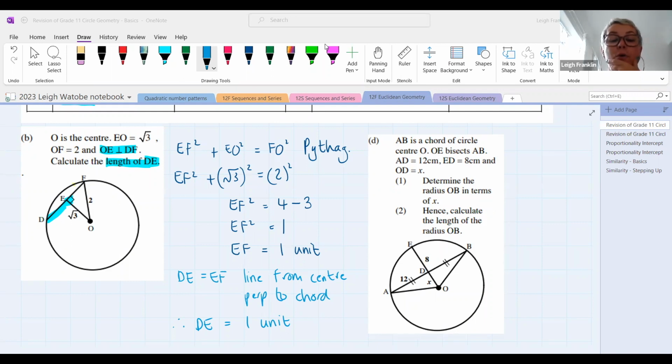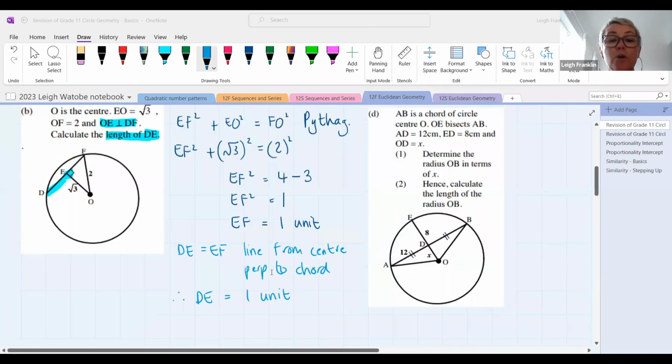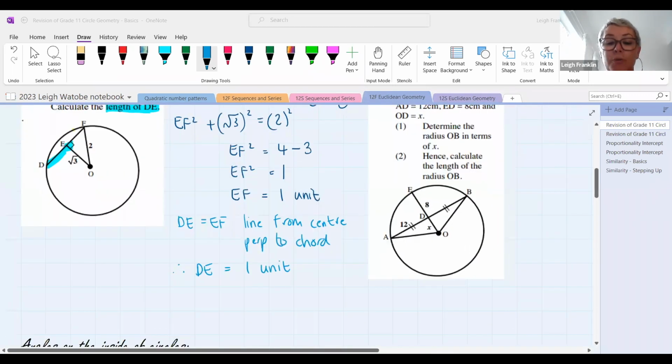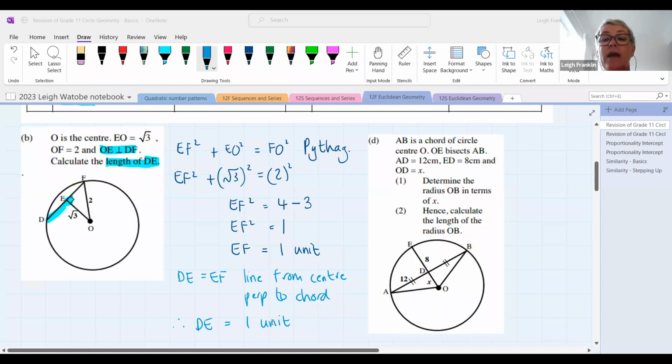Okay. So now what I want us to do is have a look at this. In this particular question, we were given the right angle. Now let's have a look at question D. Are you told that OE is perpendicular to AB? Are you told that?